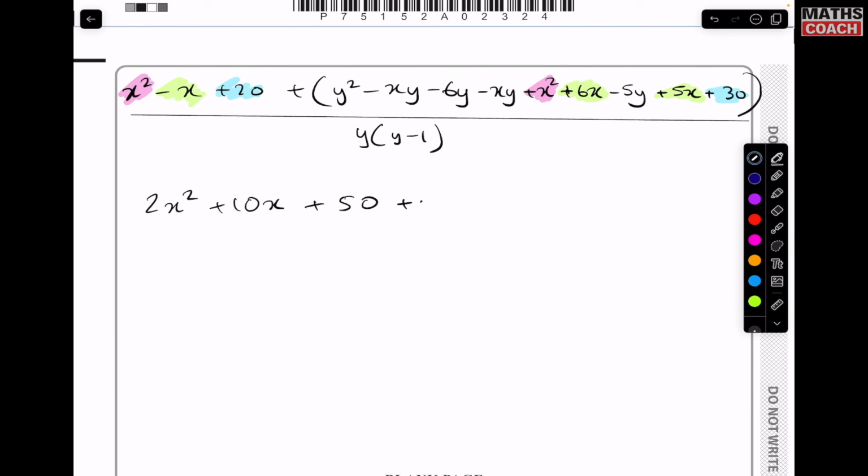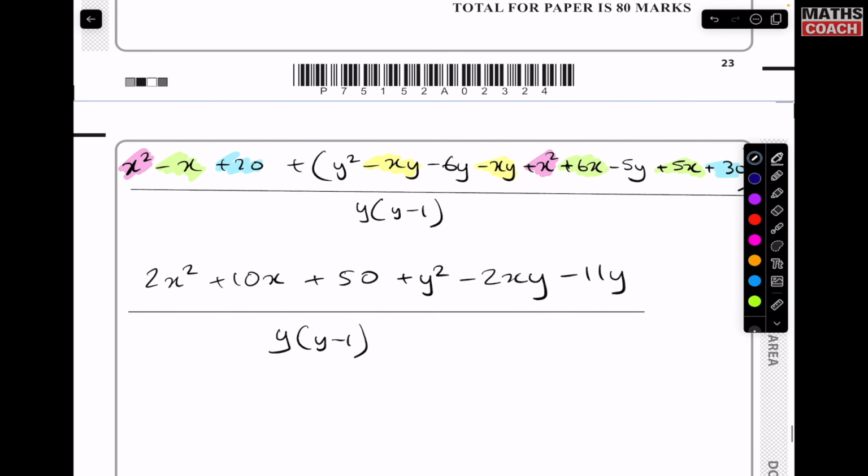So we've got no y squared. xy, do we have any xy there? So xy 1, 2, right there, yep. So we have minus 2xy, and now minus 6y and minus 5y is left, so minus 11y. Okay, there we go. That's what you should have.